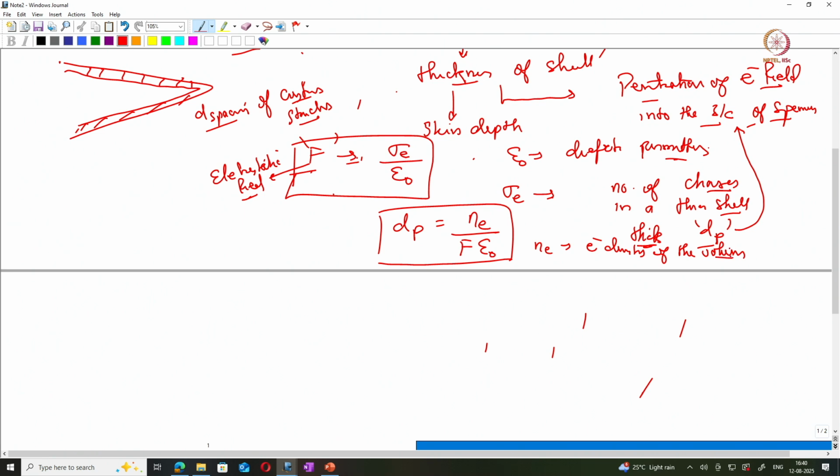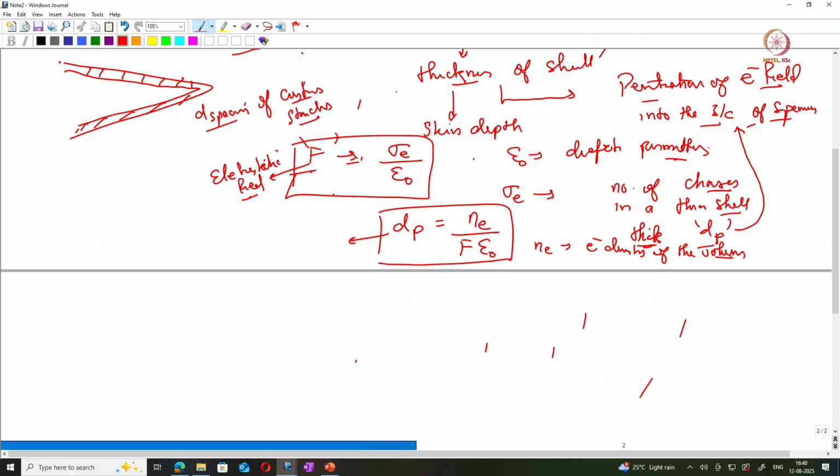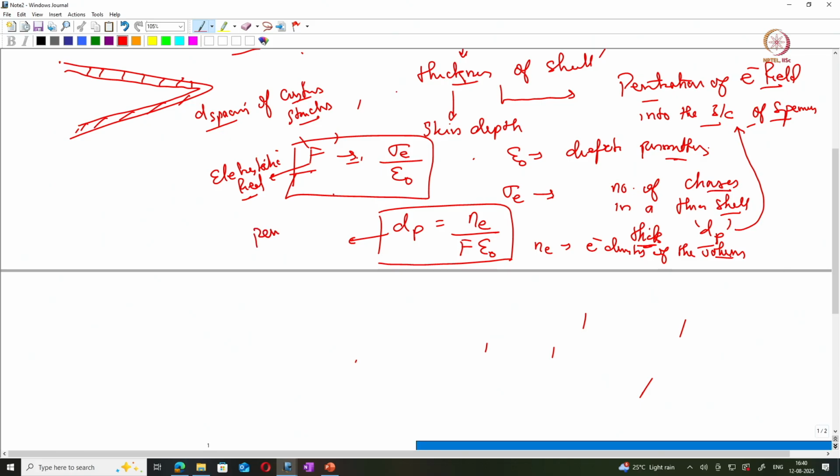The penetration depth is calculated to be in the range of a few picometers, which is less than the interplanar spacing of the crystal structure of the specimen.